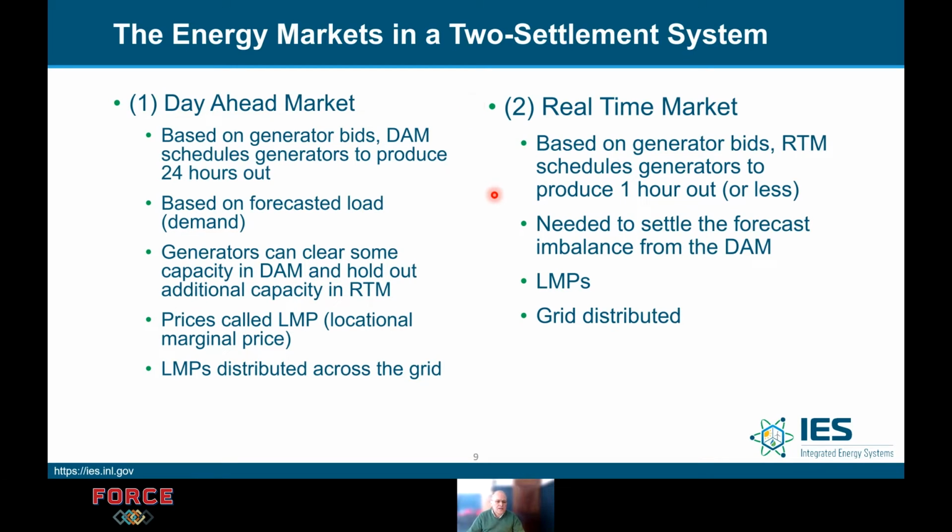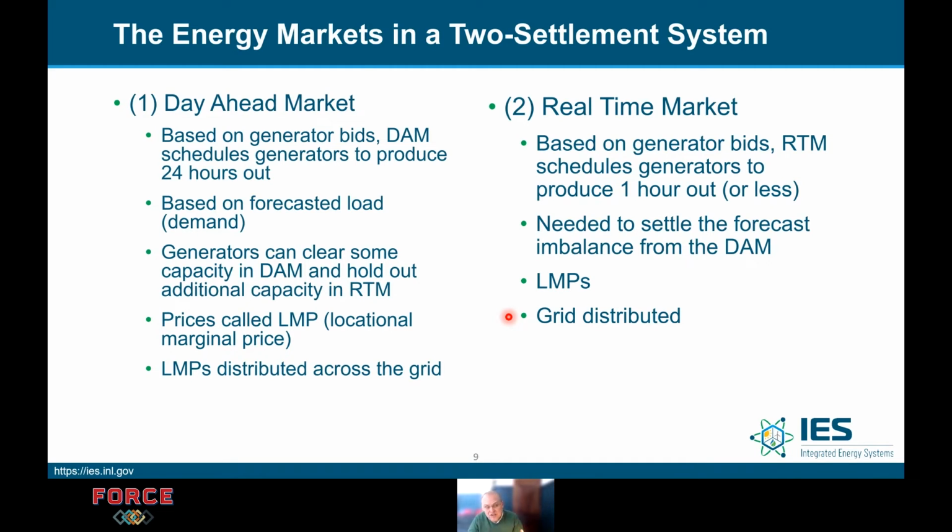So the real-time market is used to settle the noise left over from the day ahead market. And again, there are locational marginal prices that are computed, and those are distributed across the grid network where the independent system operator is managing the system.